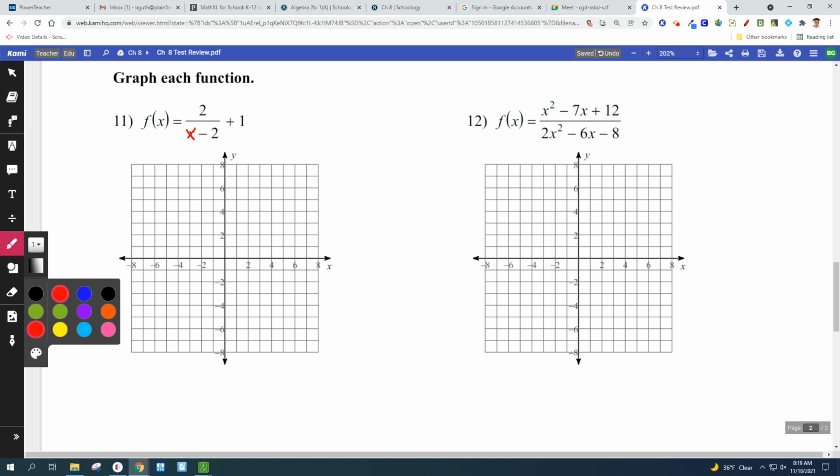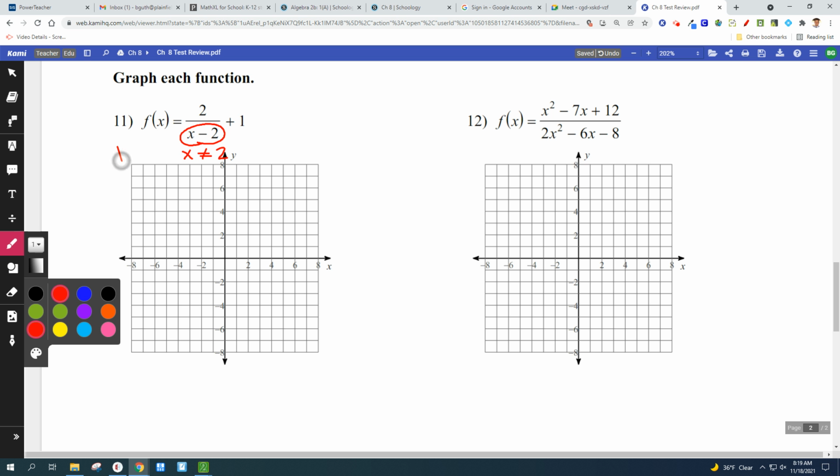Well, in this first one, it's pretty easy to see a couple of things. First of all, I like to look at this bottom and say, I know that x cannot equal positive 2. If x equaled positive 2, then we'd have a 0 on the bottom of a fraction. That's going to make my calculator explode in flames and smoke. Okay, that's going to be an error.